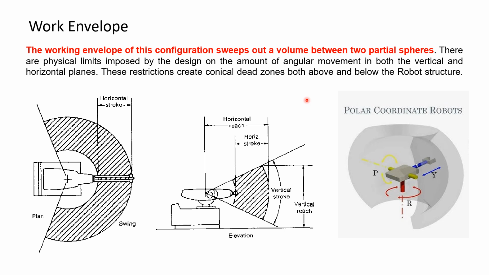So we need to check the dead zone for the robot, because this is the zone where the robot cannot operate. If you design something for the movement of the robot in this place, it will fail. So the dead zone is very important, and also what the exact available working space is that is required. So this is the work envelope.